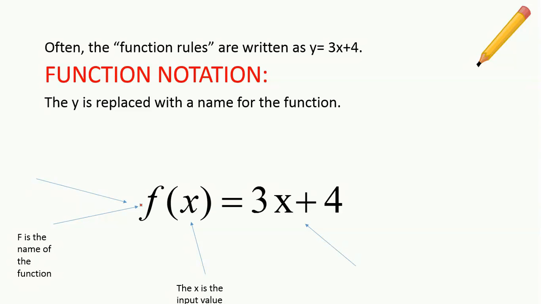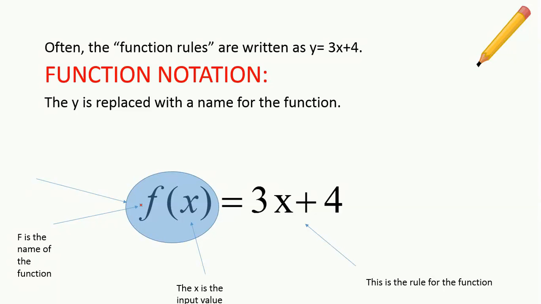X is the input value. X is whatever we're going to put into our function named f. And 3x plus 4, that's the rule. That's what we're going to do. So I have an x, let's say it's 2. They want to know, what if x is 2? What do I do? How do you read f and parentheses x?